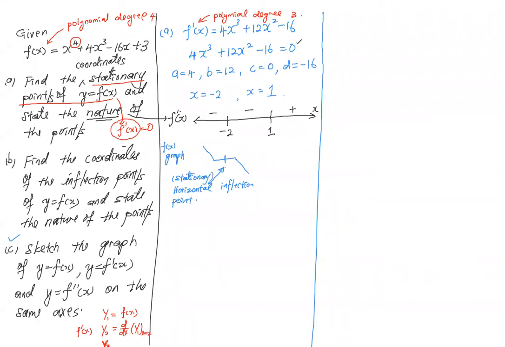Okay. Then if you look at x equal to 1, the graph goes down, stationary, goes up. So what is the name given for this point?